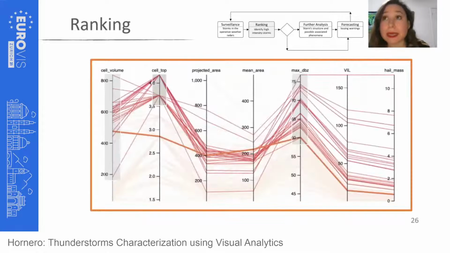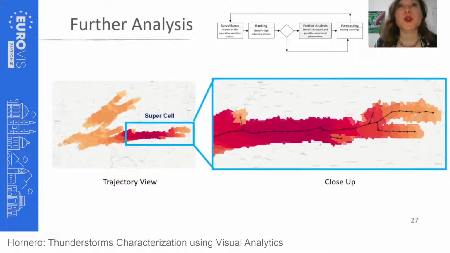For example, here we can see that the user selects and filters properties associated with potentially dangerous storms, for example, large cell volume and high intensity. After this step, the user can do further analysis of spatiotemporal features and topological changes on the storm structure.